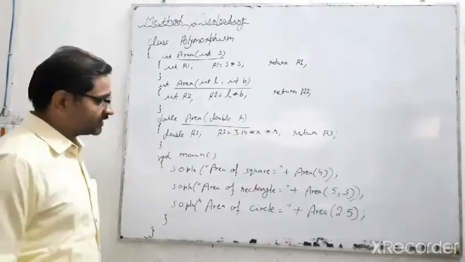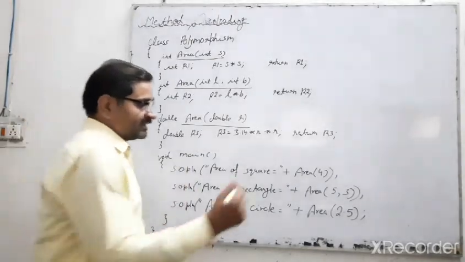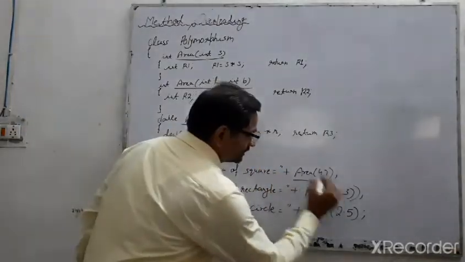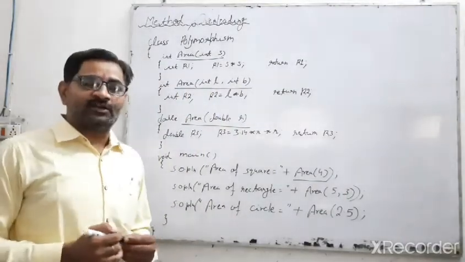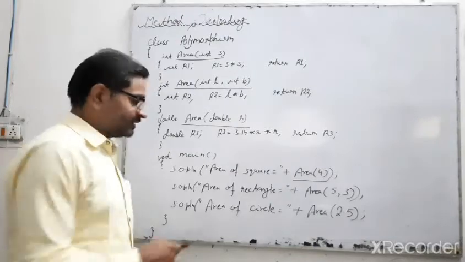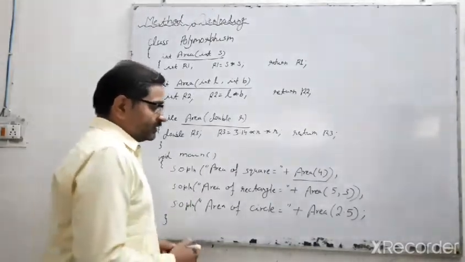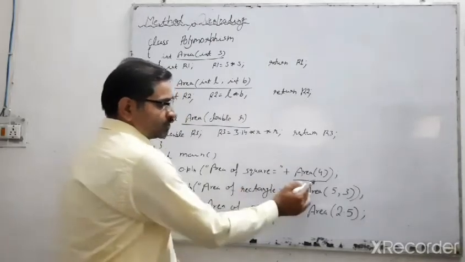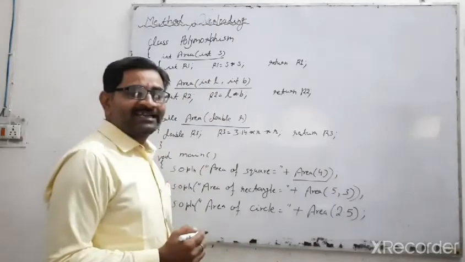Now we talk about the definition of the main method. Here you can see method calling. This is also a new format to call a method. You can directly call a method within the System.out.println statement. When you call the area method, here we pass 4. 4 is an integer value.